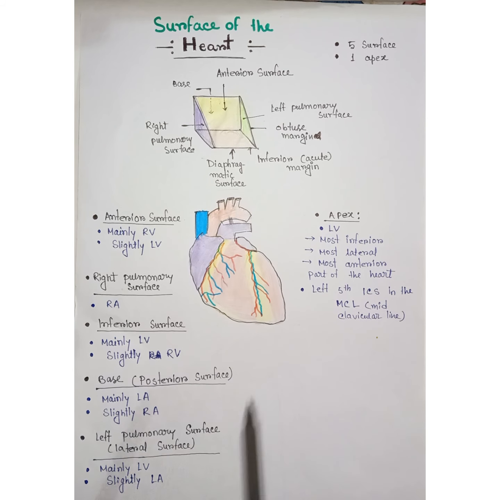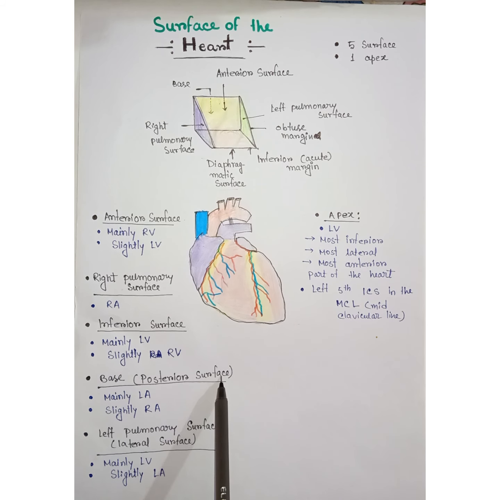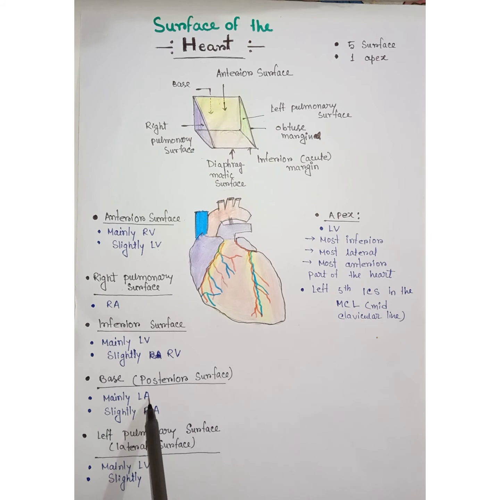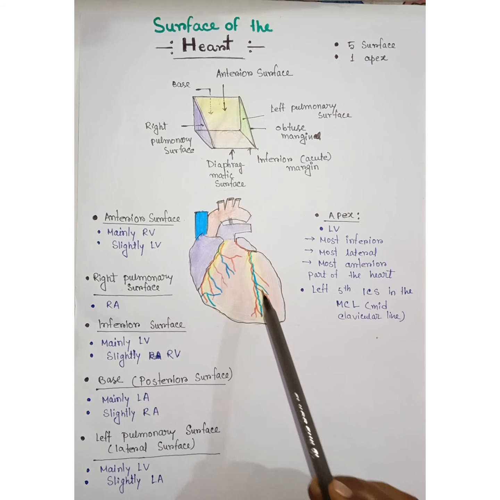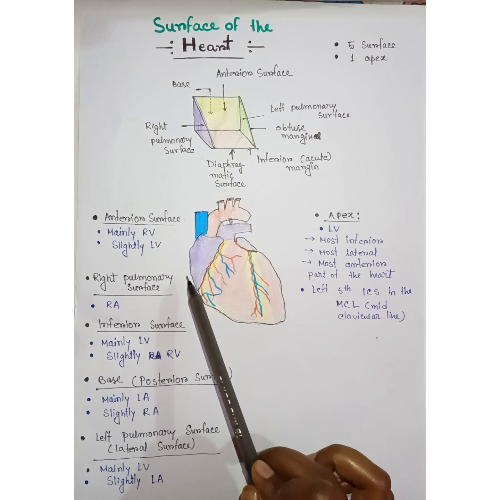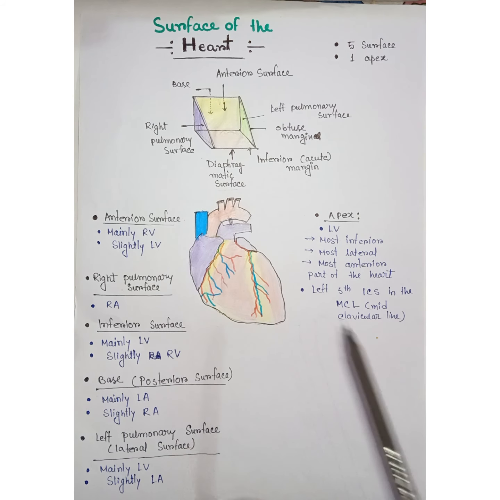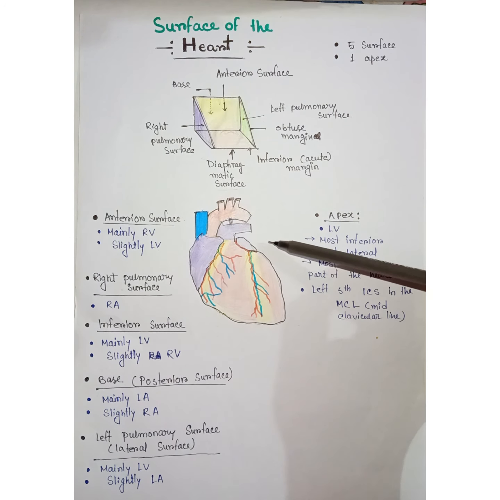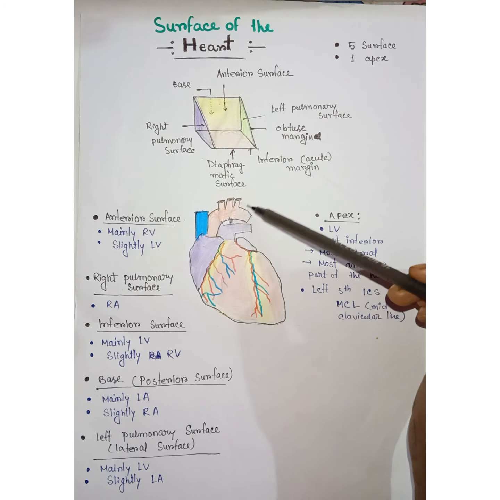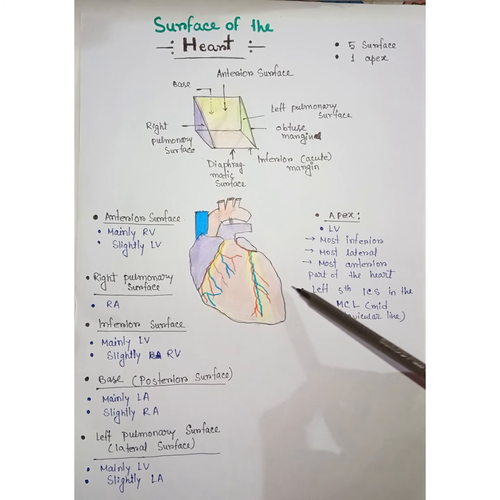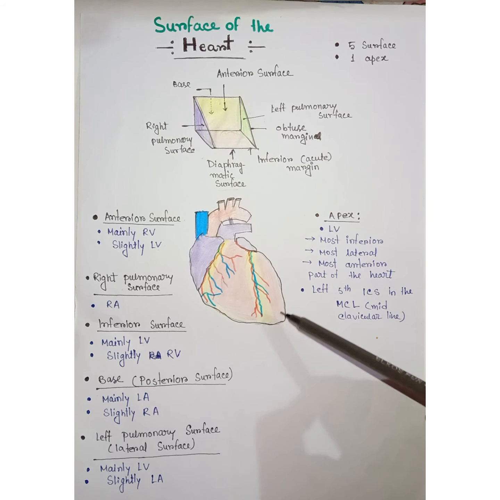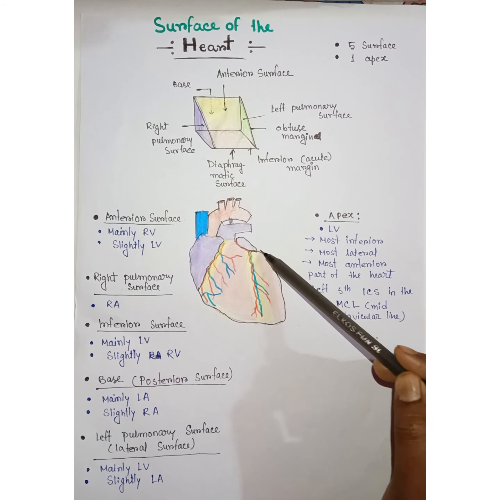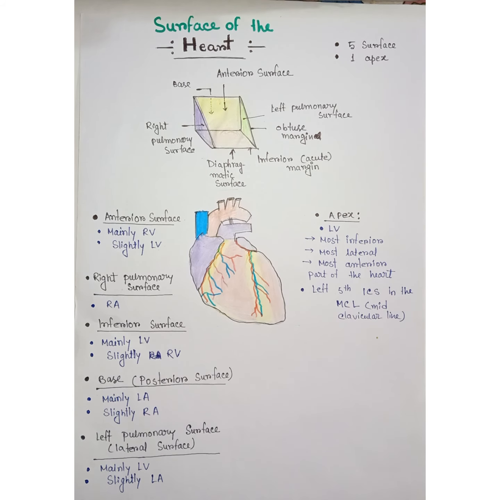The base or posterior surface is mainly the left atrium and slightly the right atrium. The left pulmonary or lateral surface is mainly formed by the left ventricle and slightly the left atrium.